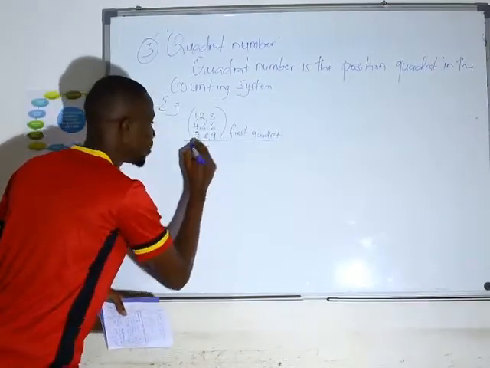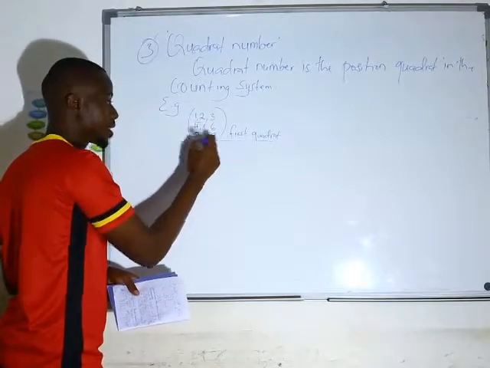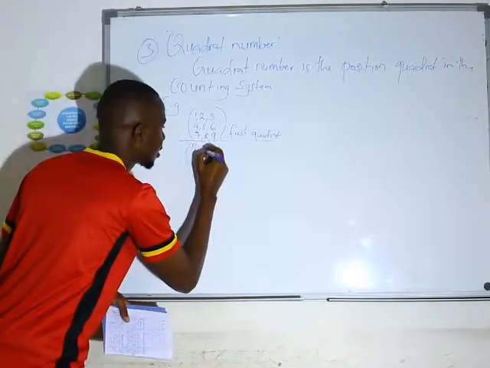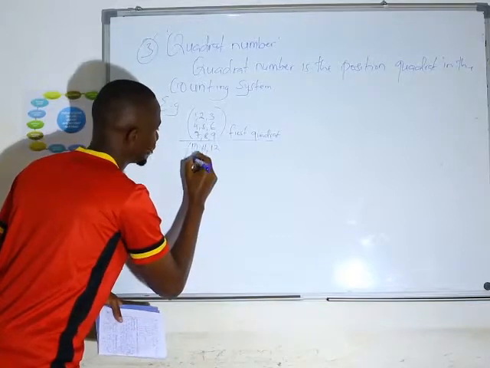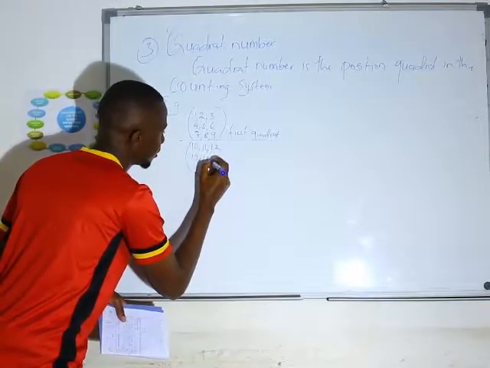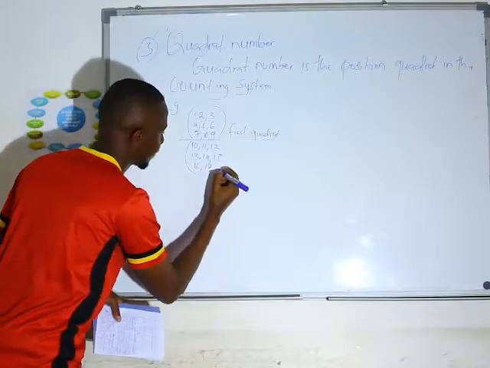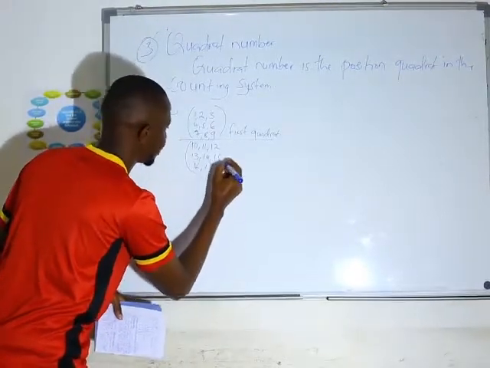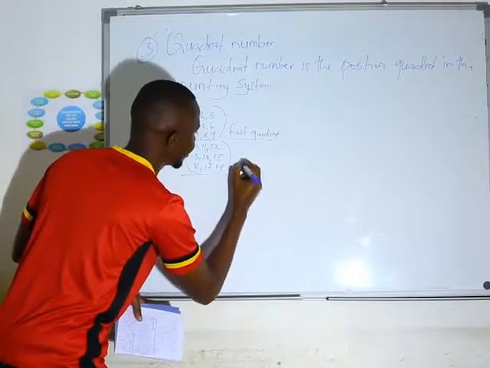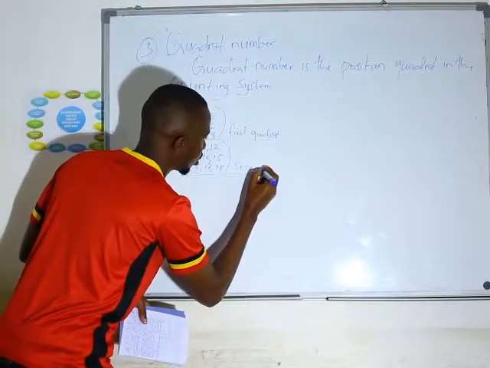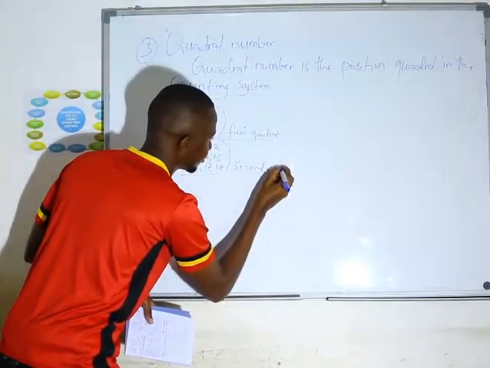Another quadrant begins from where you stopped, 10, 11, 12, 13, 14, 15, 16, 17, then 18. So this is the second quadrant.